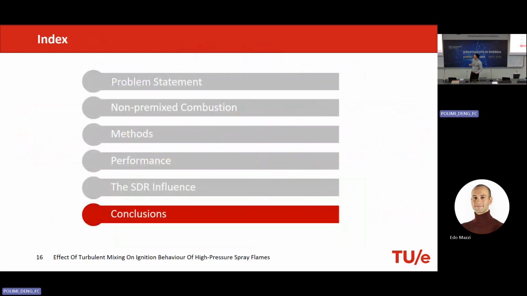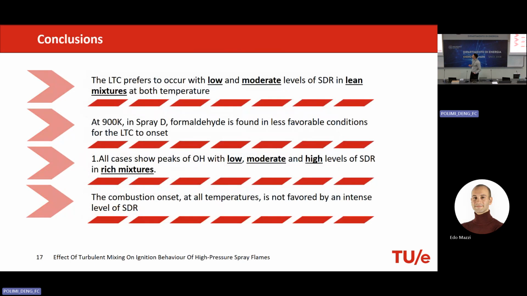Therefore, finally, the conclusions. First of all, the low temperature combustions occur with low and moderate levels of scalar dissipation rate in lean mixtures, and at 900 Kelvin, in spray D, the formaldehyde is found in less favorable conditions.